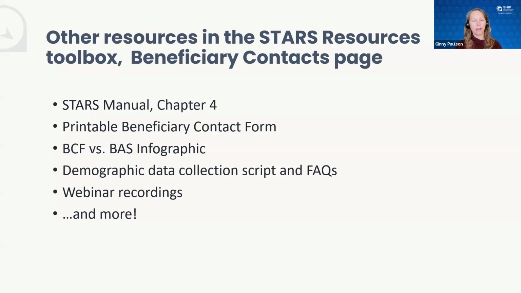That infographic on beneficiary contact forms versus beneficiary additional session forms. The script for demographic data collection, now that has some preamble text about all the demographic questions, but then it has specific FAQs about military and SOGI. And then webinar recordings, the courses, for those of you doing Part D enrollment outcomes, there's a course and more.